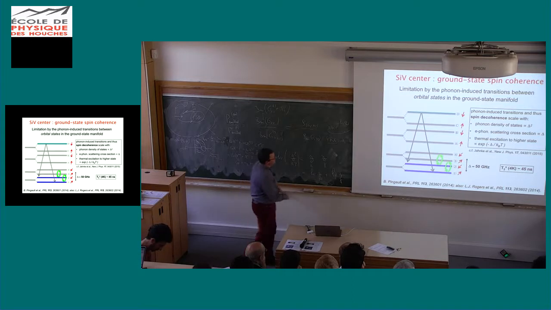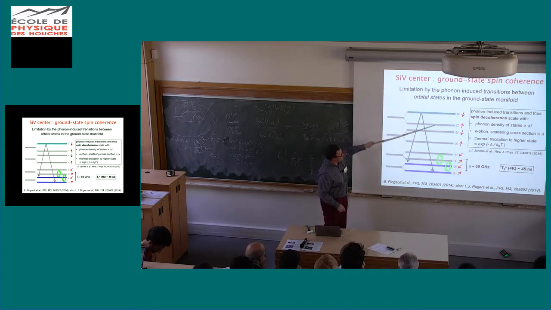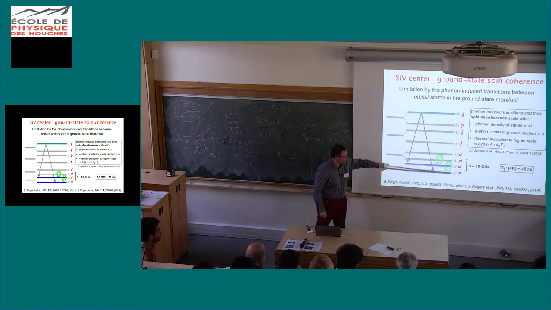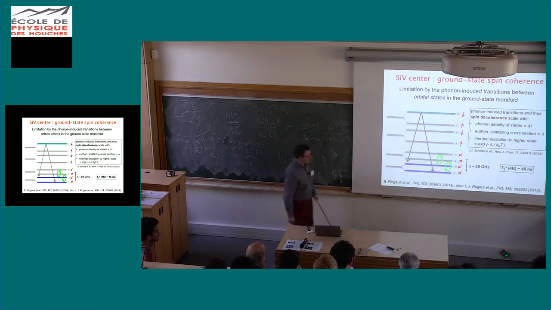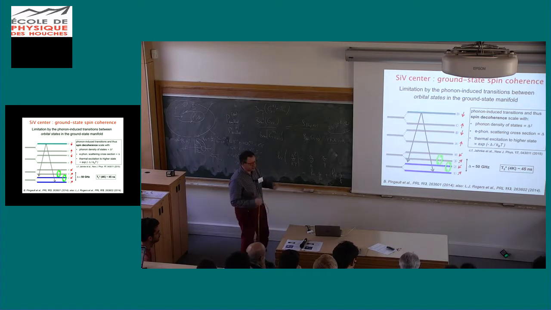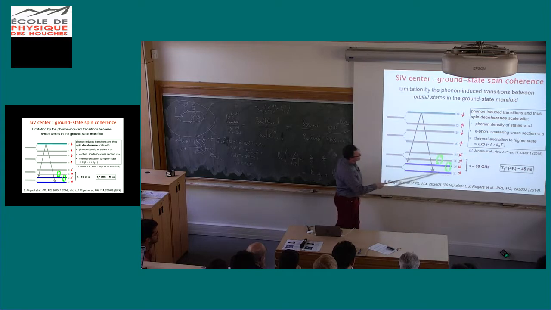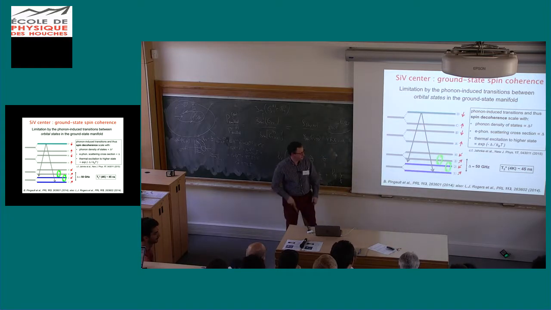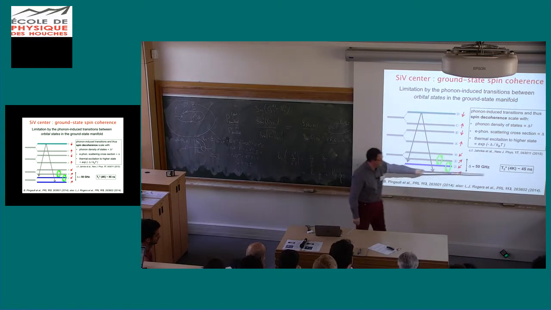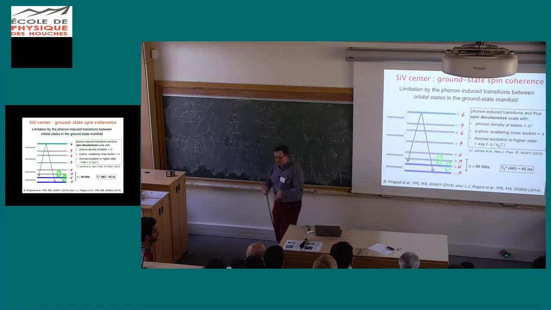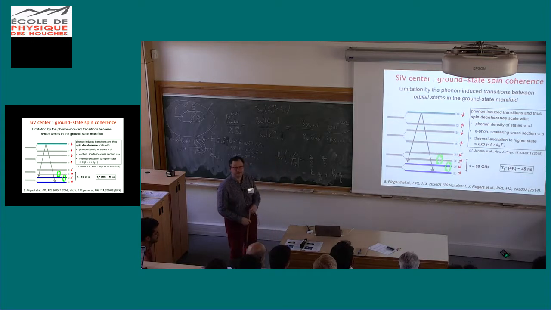Experimentally, what is observed is that the CPT linewidth is actually limited by random transitions due to phonons that can change the spin. So we have phonon-induced transitions between these levels, which will induce a spin decoherence. And the spin decoherence corresponds to a typical lifetime of the CPT of about 45 nanoseconds.